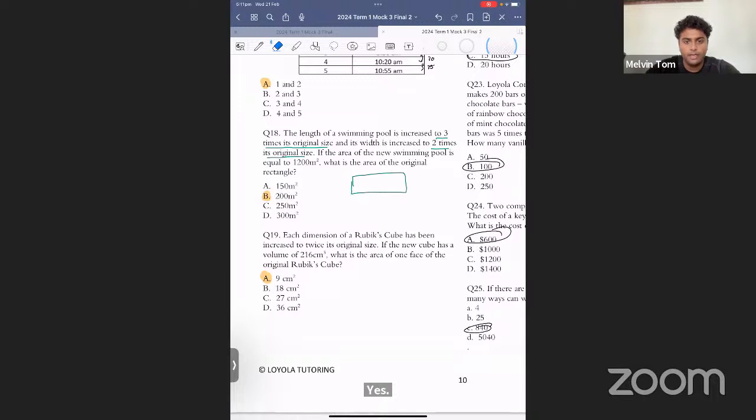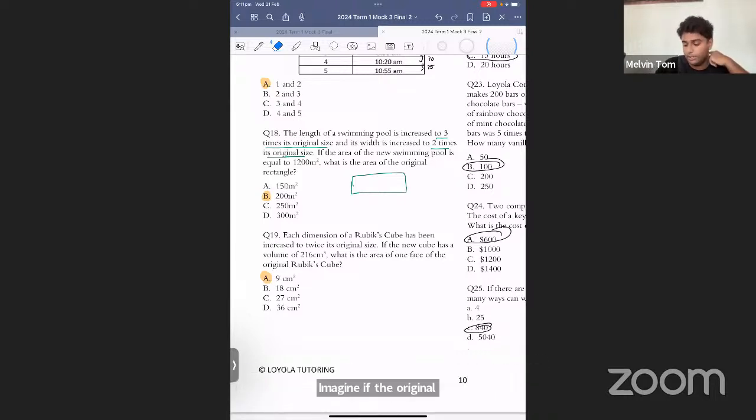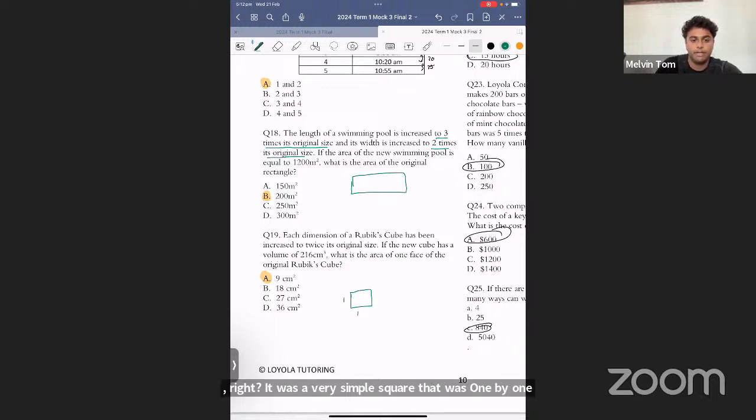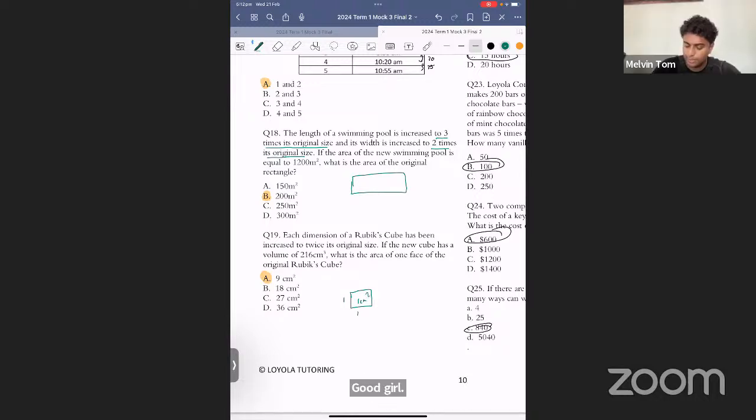Now, the first thing I want you to imagine, Kate, is that the original swimming pool was a very simple square that was 1 by 1. What is the area of this shape? 1. Good girl. 1 centimeter squared.